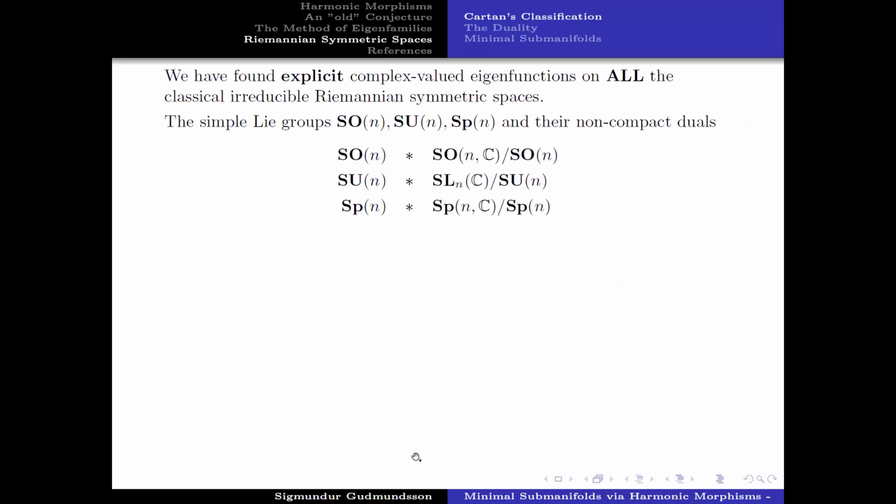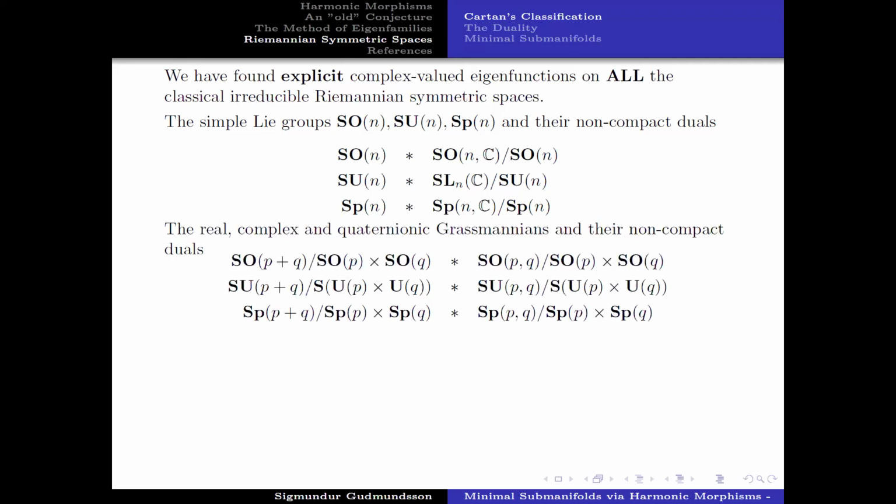So what we have found are explicit complex valued eigenfunctions on all the classical irreducible Riemannian symmetric spaces. These are the compact groups, the real, complex, and quaternionic ones.